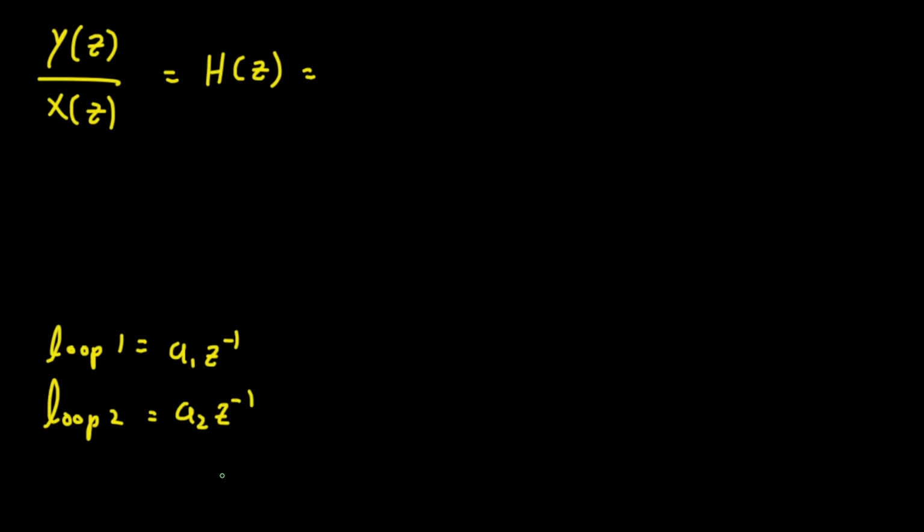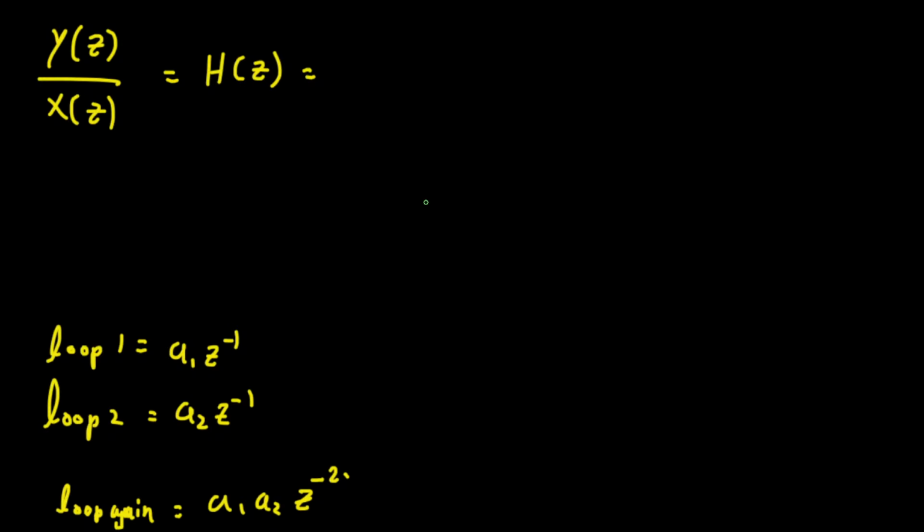So the loop gain is going to be the multiplication of these two. So that's going to be a1 a2 z power minus 2.